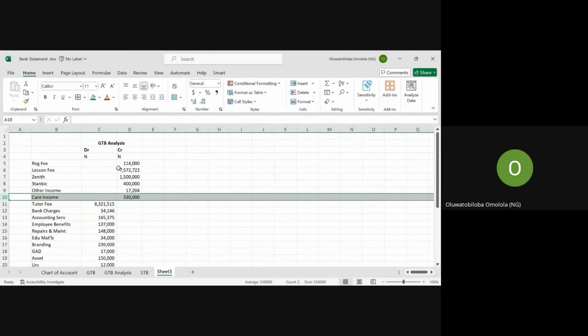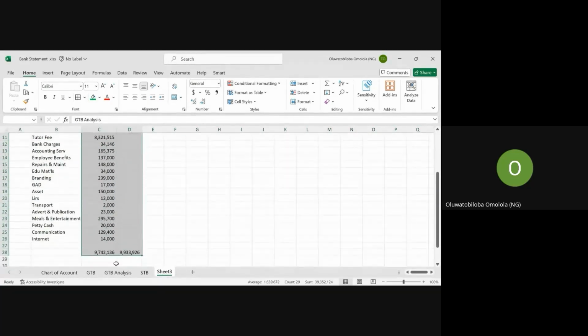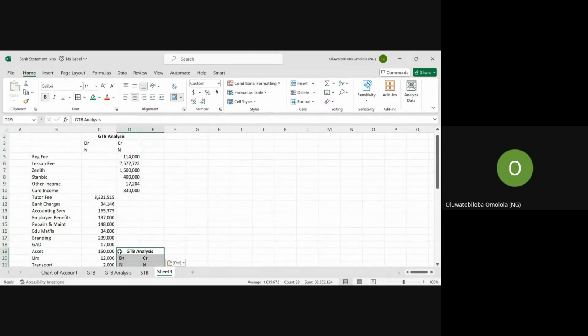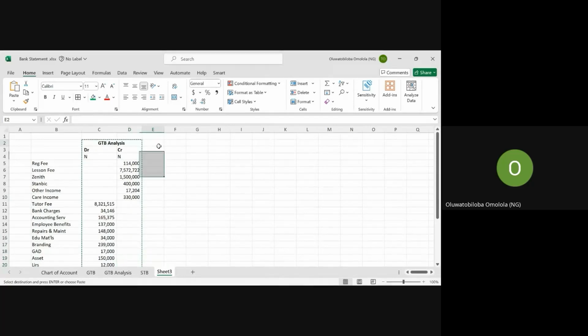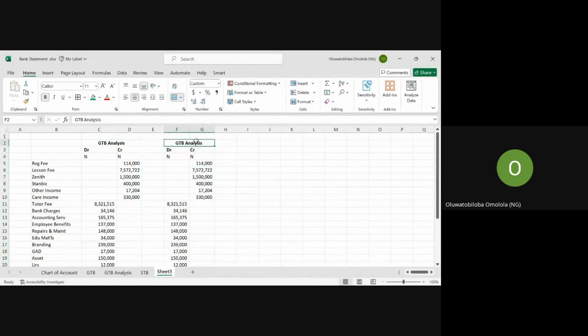So this is how you convert a bank statement to a trial balance. Now, if you have multiple banks, you have to come and analyze each one of them and put them side by side. I'm not really going to do that now. If you have multiple banks, so from your GT analysis, you go to maybe you have a Zenith Bank account that you have done the same thing for.